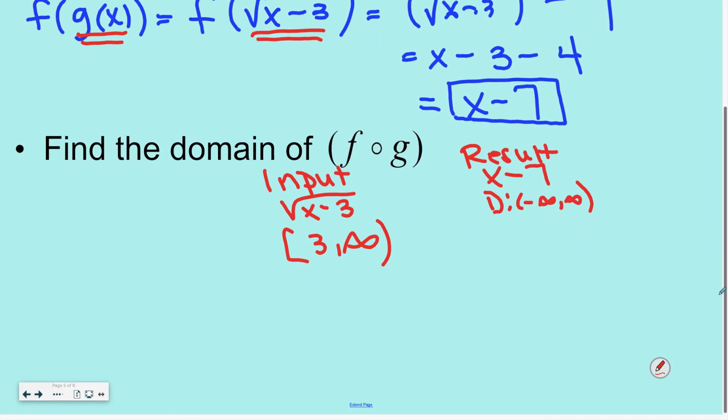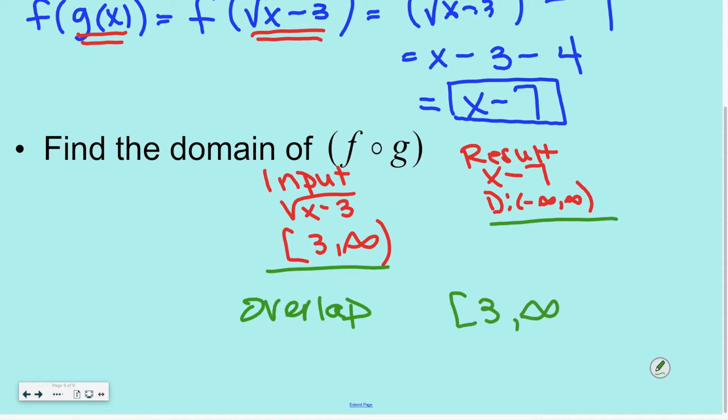So we need to look at where these two overlap. And that would be from 3 to infinity.